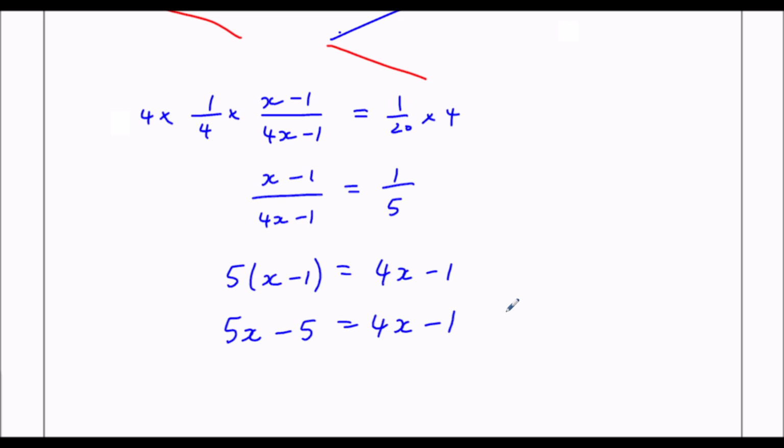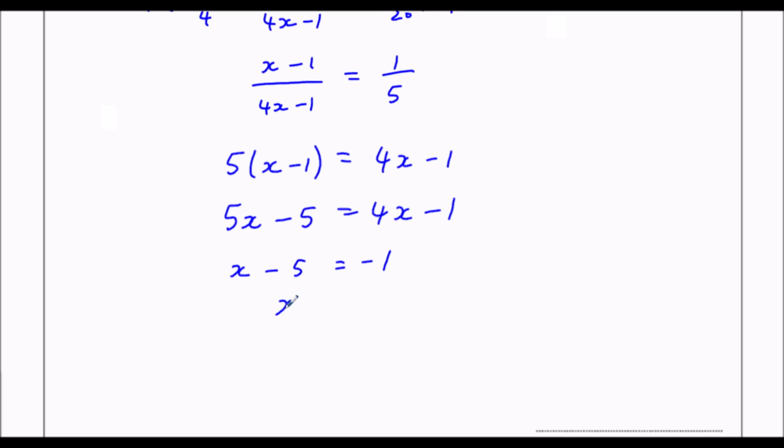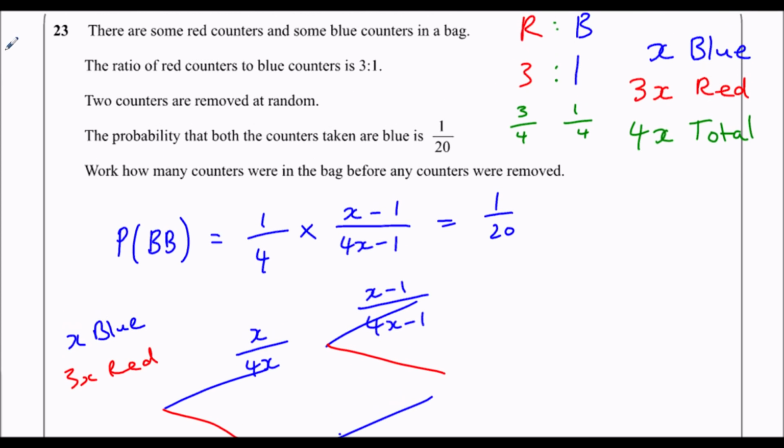Then take 4x away from both sides. So x minus 5 equals -1. And add 5 to both sides. x is 4. So 4 times x is 4 4s, which is 16. So there were 16 in total to start with.